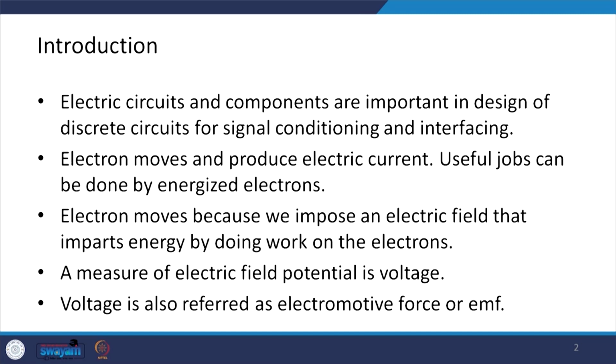The electron moves because we impose an electric field, and that electric field imparts energy by doing work on the electrons. A measure of this electric field potential is the voltage, as we know, and this voltage is also referred to as electromotive force, or in short, EMF.